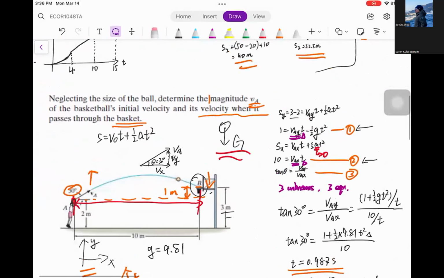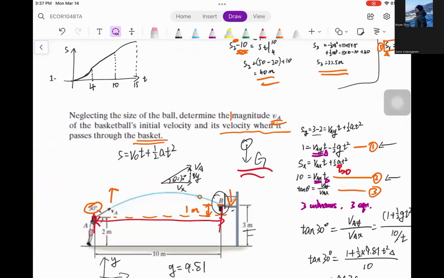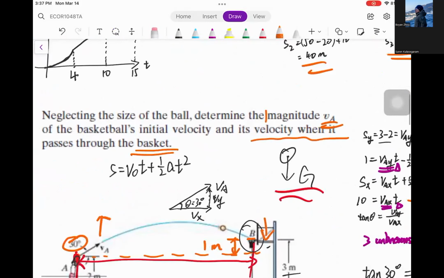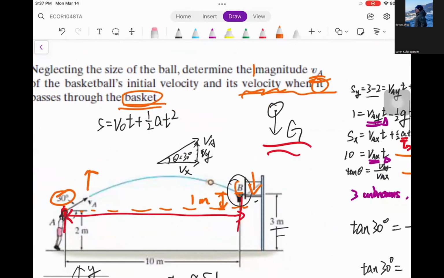Then we can look back. Here we can see it's asking for the velocity when the ball passes through the basket, just saying finding the velocity. So in this case, it's not saying the magnitude of the velocity. We need to find the angle for the velocity at B also.